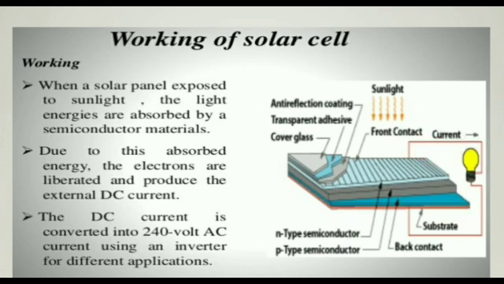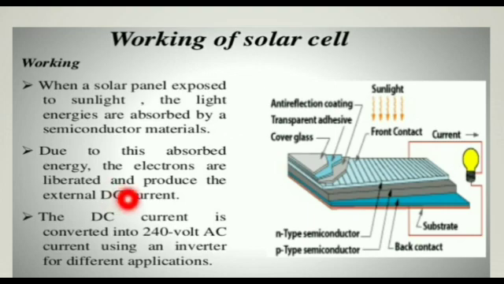Now see this, when a solar panel is exposed to sunlight, the light energy is absorbed by the semiconductor material. Due to this absorbed energy, the electrons are liberated and produce the external DC current, the direct current.